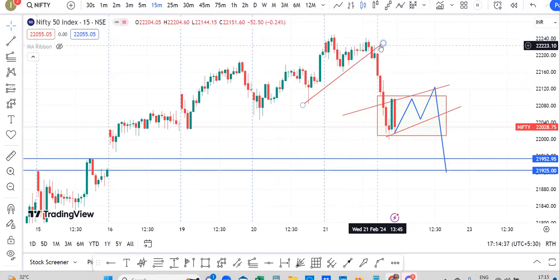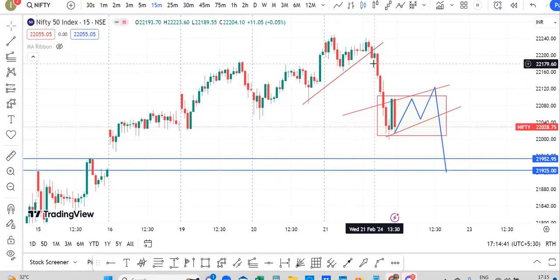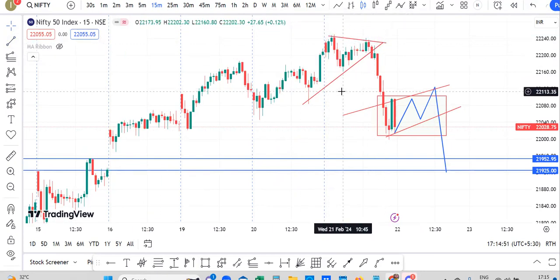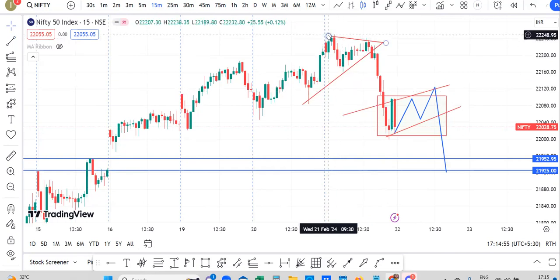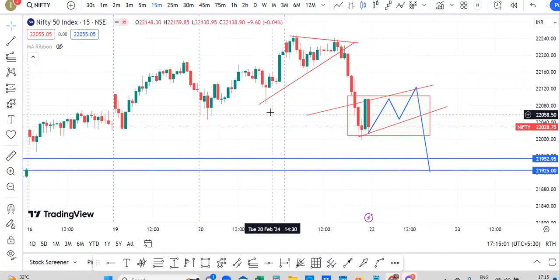So a simple trend line connection indicated to me that it is going to start. And also it made a lower high in this period. So it made a symmetrical triangle, making lower highs and higher lows, and the breakdown indicated it.